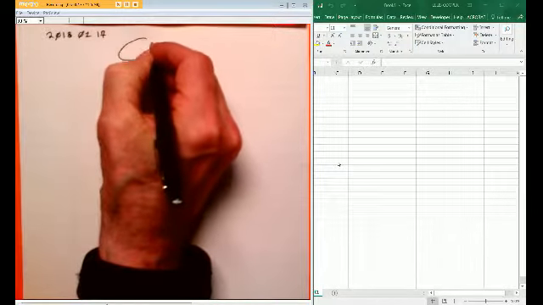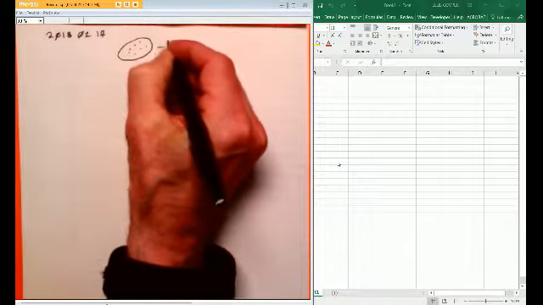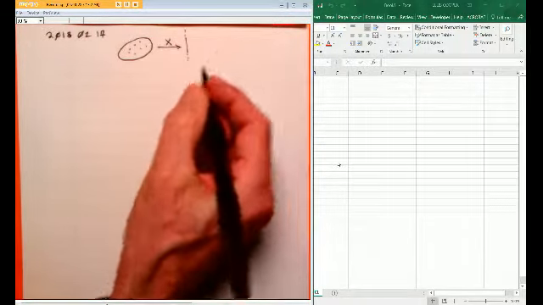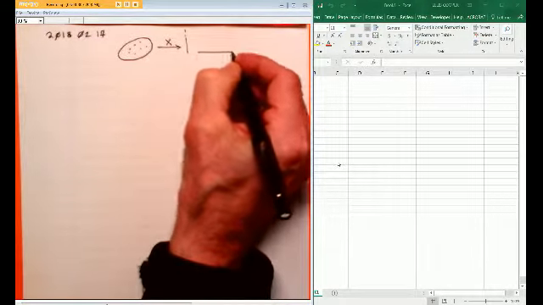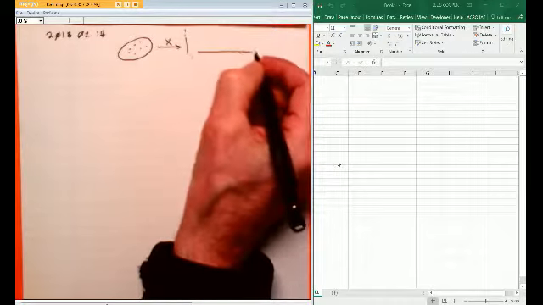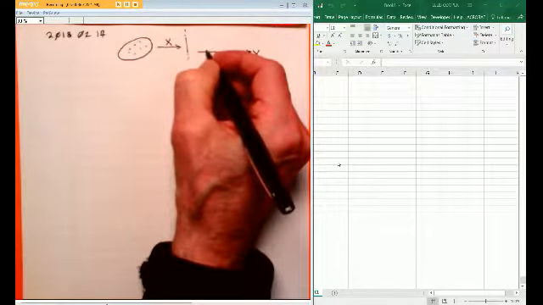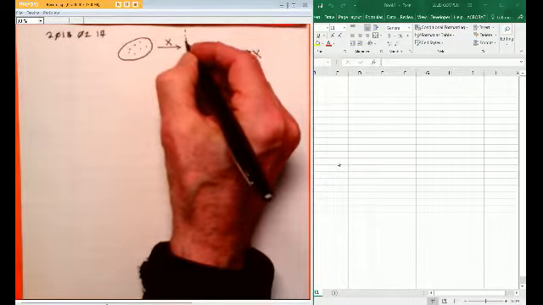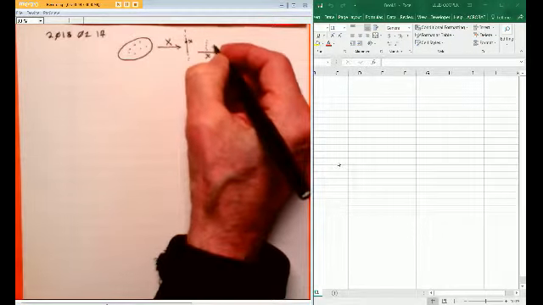You have a population with members, a random variable named x taking values in the real numbers, and if you make a histogram with the possible values of x along this axis here, you can put above it the number of times a particular value of the random variable occurs, and you might get something like that.